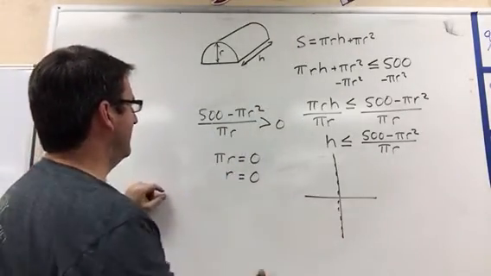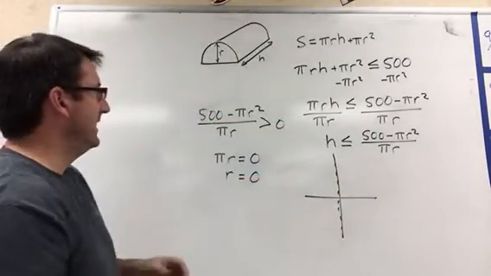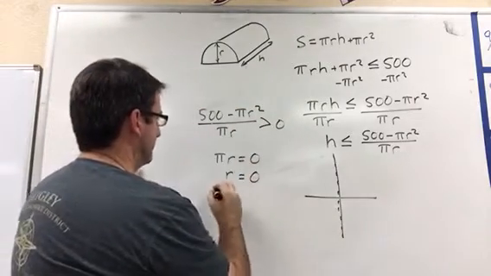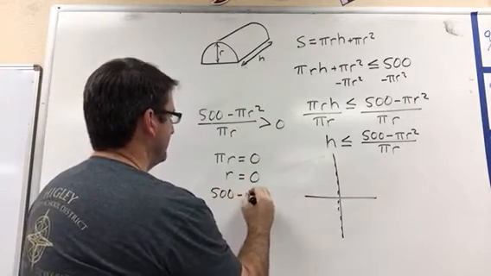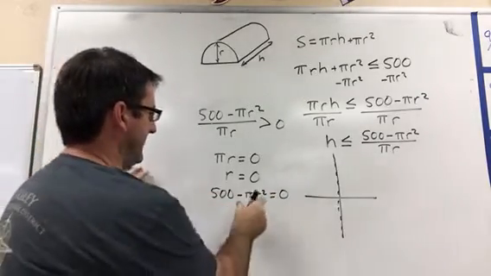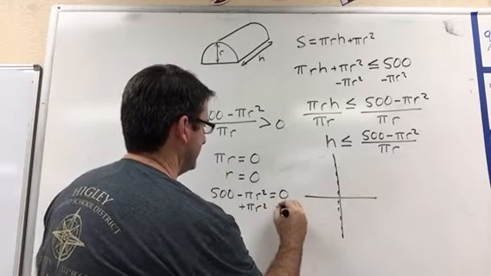And then the x-intercept for this is going to be where the numerator is equal to 0. So 500 minus pi r squared is equal to 0. Then let's add pi r squared to both sides.